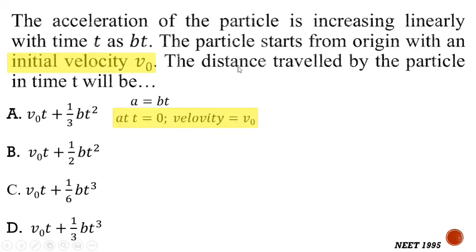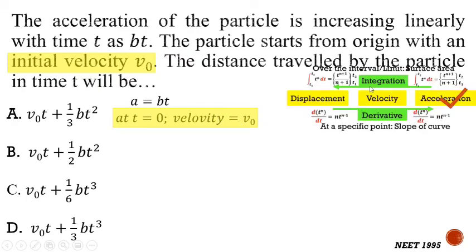So at time t equal to 0, velocity is equal to v0. Here we can see the acceleration is given and finally we need to find out the distance travelled by the particle in time t. To find out distance, we need to take the integration 2 times because integration of acceleration will give the velocity and integration of velocity will give the displacement.